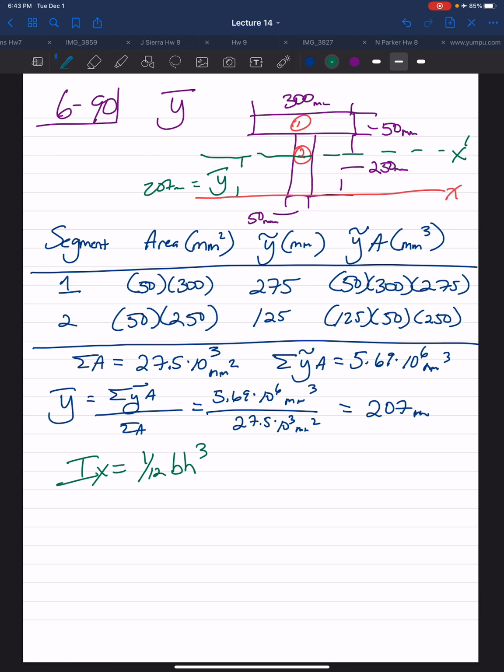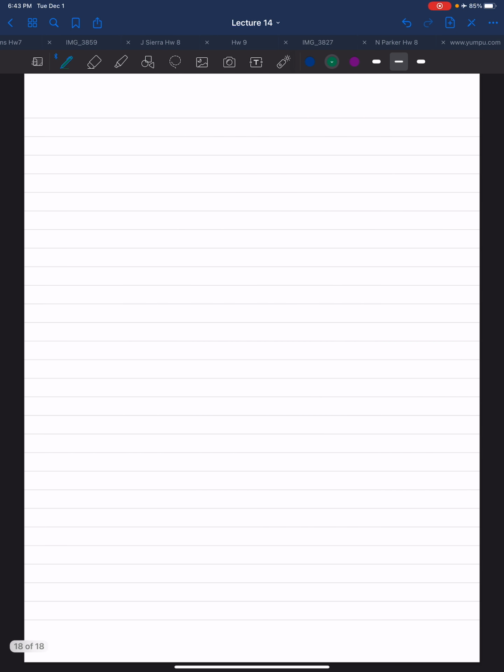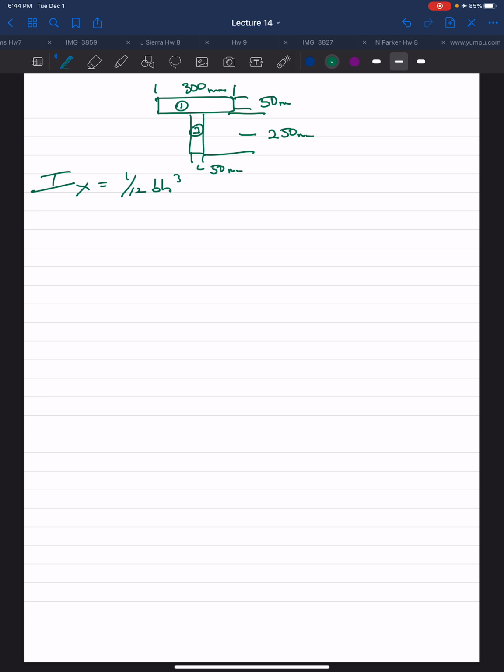So let's go to a fresh page. So it's 50 millimeters. This height is 250 millimeters. This width here, 300 millimeters. And its bottom width is 50 millimeters. So we know for a rectangle, I sub x is 1/12 base height cubed.